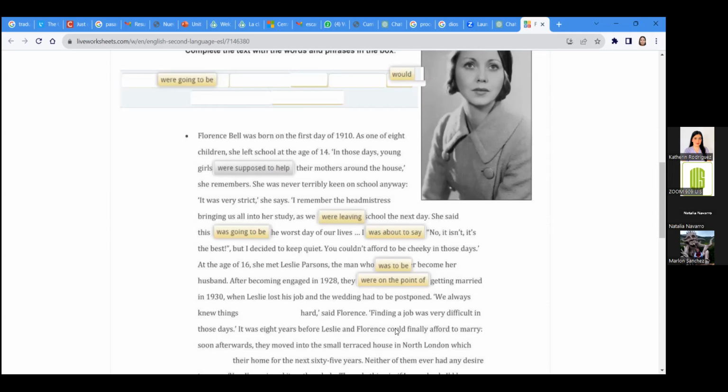We always knew things were going to be hard, and then going to be hard. Como las cosas se iban a poner duras, o sea, difíciles, ¿no? Siempre supimos, sí, que no iba a ser como fácil, ¿no? O sea, que iba a ser difícil. Yes. Okay. Next. Continue, Nata. Okay.